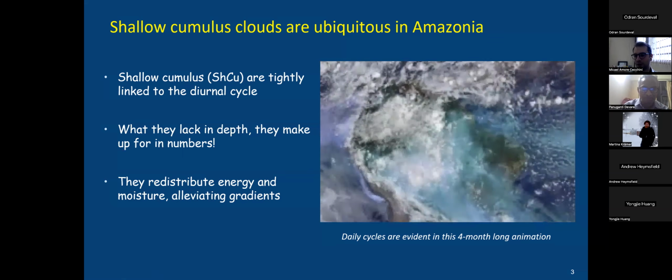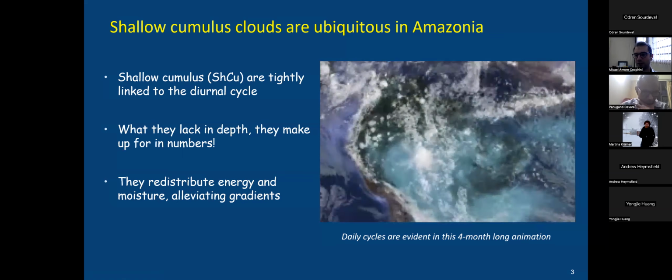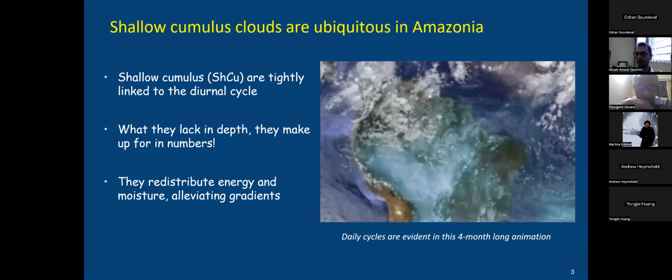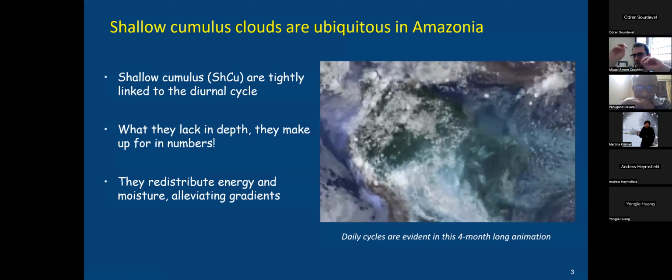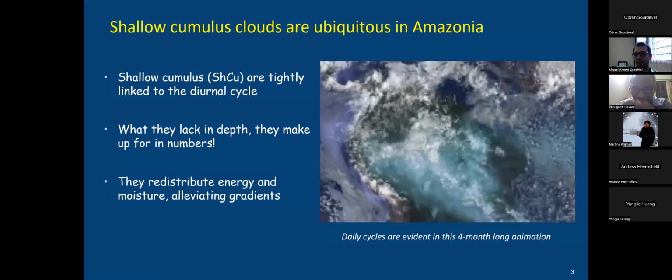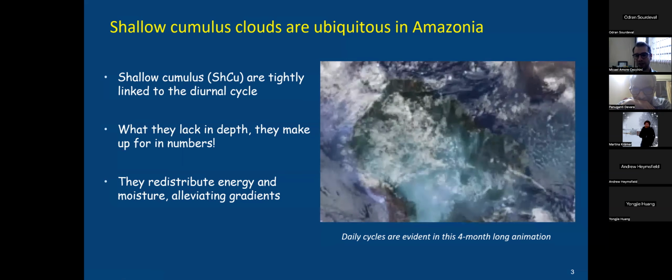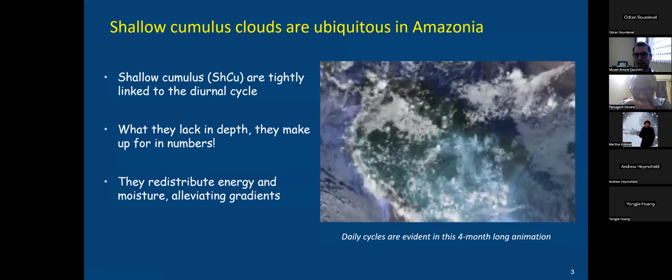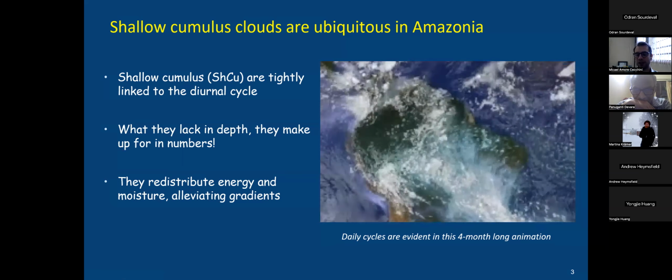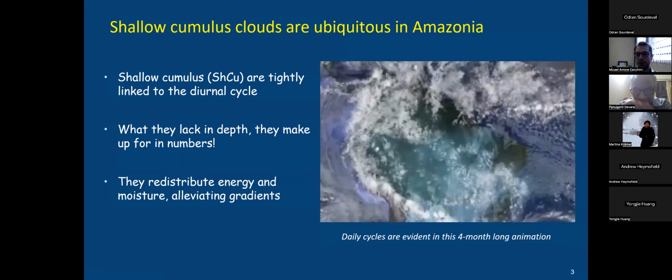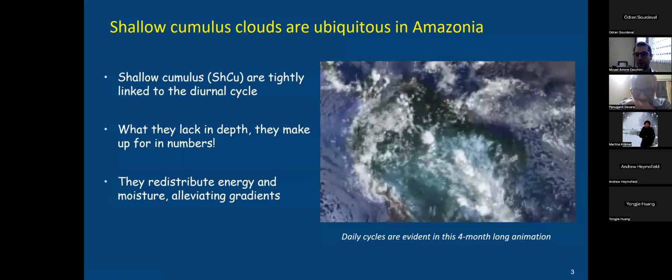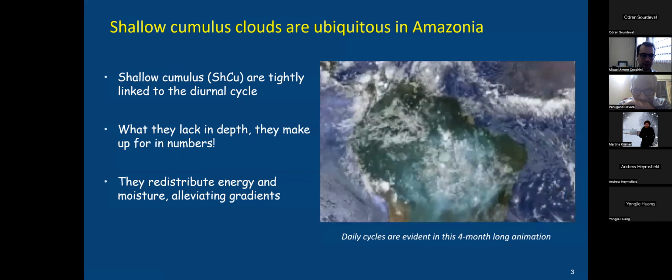And there are obviously a lot of deep clouds, but you can see in the background, you have a lot of smaller white dots, those are the shallow clouds that I'm interested in this study. And my idea is that those clouds support the formation and development of the deep clouds in the region as well.